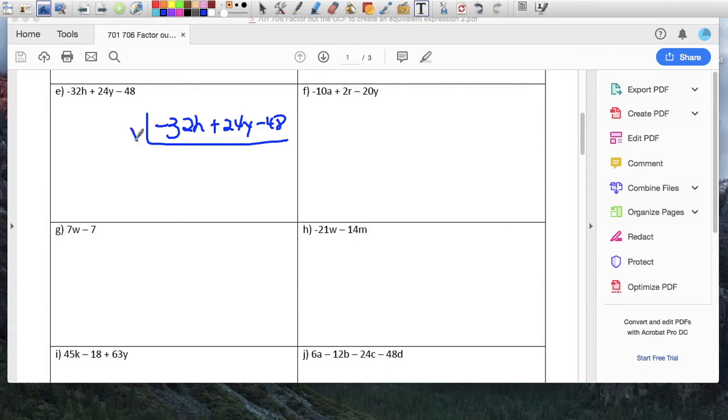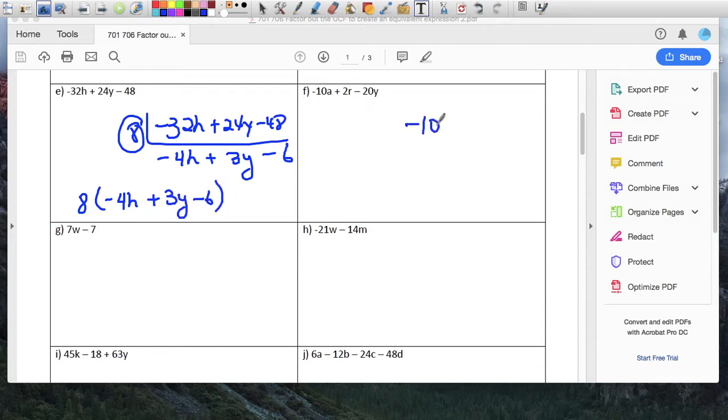Yeah, let's try 8. 8 goes into 32 4 times, -4h. 8 goes into 24y 3 times, 3y, sorry. And then 8 goes into 48 6 times. So can we go again? No. So we're stopped. And it's going to be 8 times -4h plus 3y minus 6.